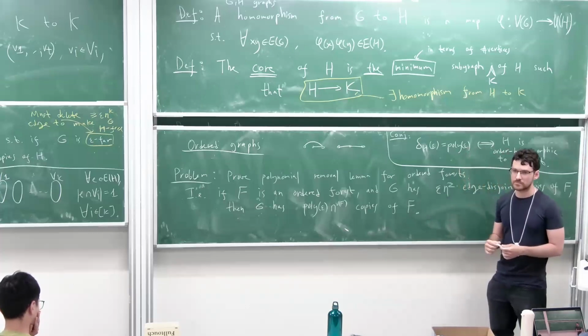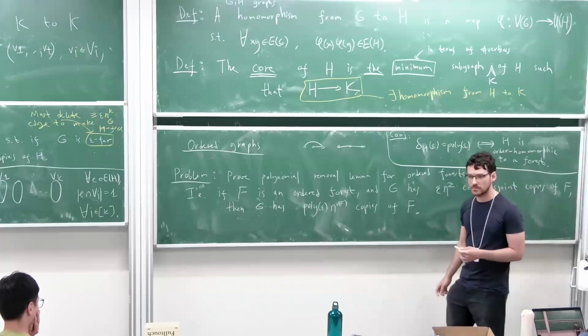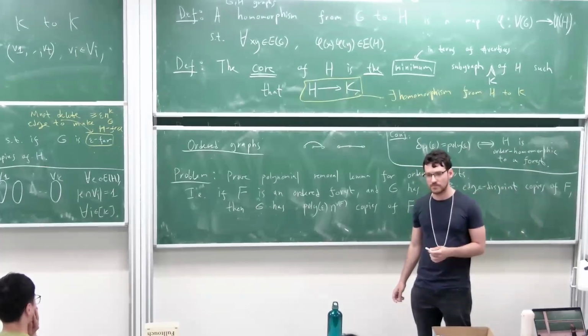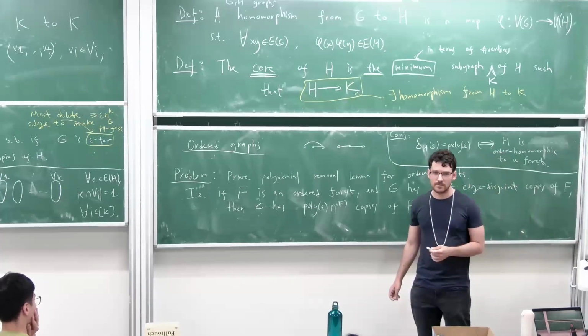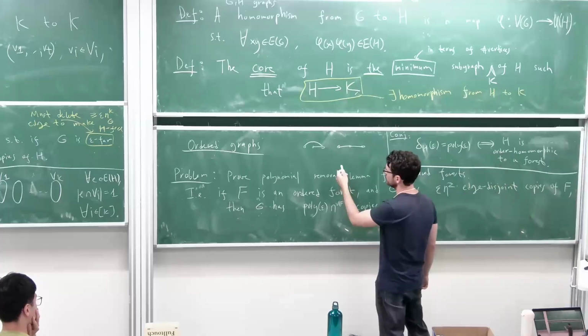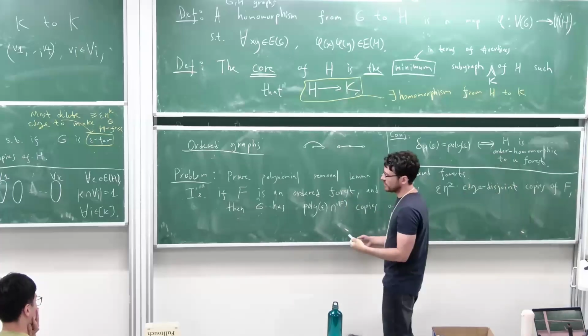I have a question. In Alon's result, it says that H is polynomial if and only if H is bipartite. Why here do we conjecture that it's an ordered forest? Well, because ordered graphs behave a bit differently.